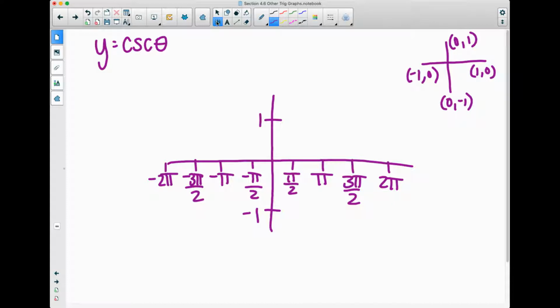So watch how this works. If I am graphing sine, so I know sine at 0 is 0, so it's a 0 high, 0 low.